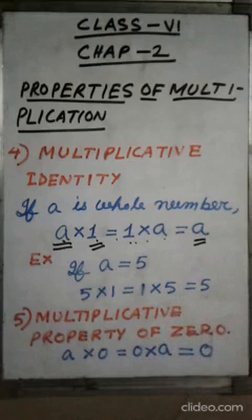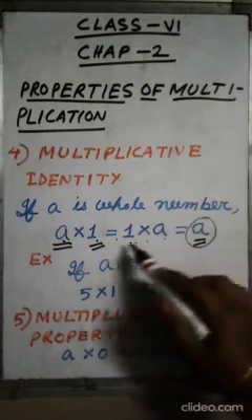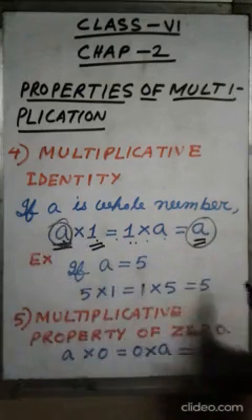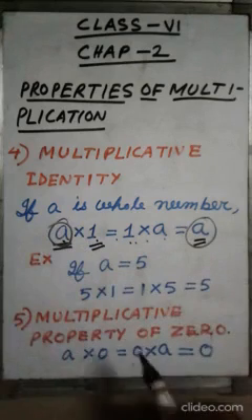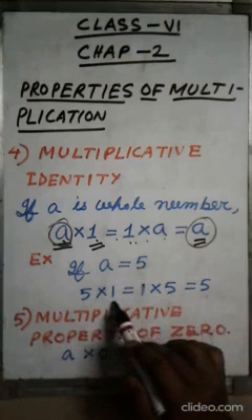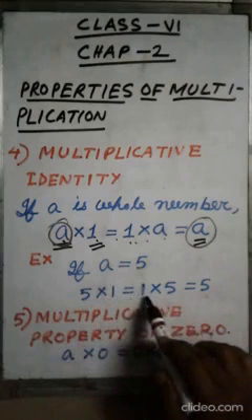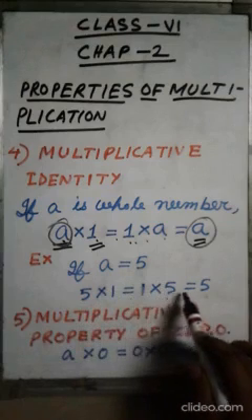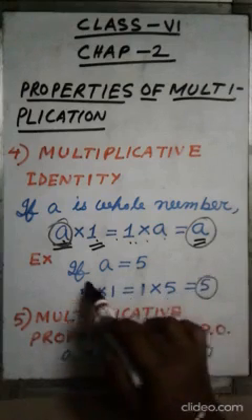That means any whole number, if multiplied by 1, the result is the whole number itself. So, for example, if A is 5, 5 into 1 is equal to 1 into 5, which is equal to 5, the number itself.